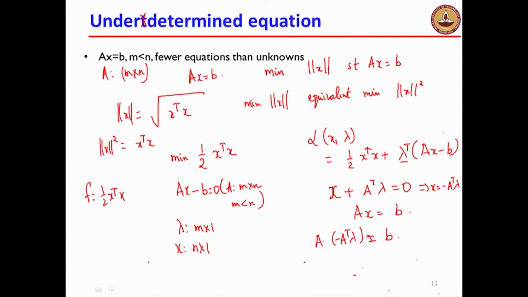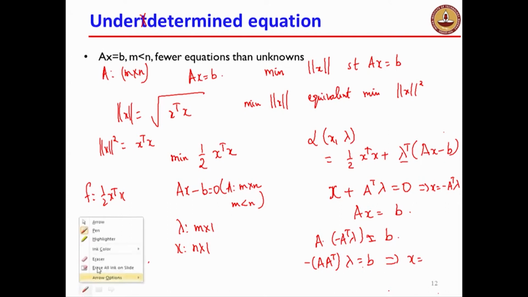Therefore I will get minus A A transpose lambda is equal to b. This means lambda is equal to minus the inverse of A A transpose times b, if I can invert it, and x finally I will be able to write it in terms of that.